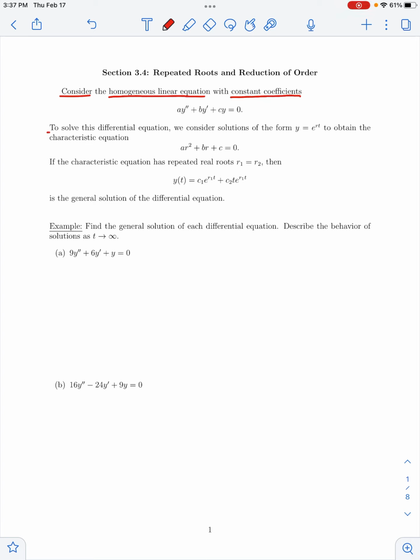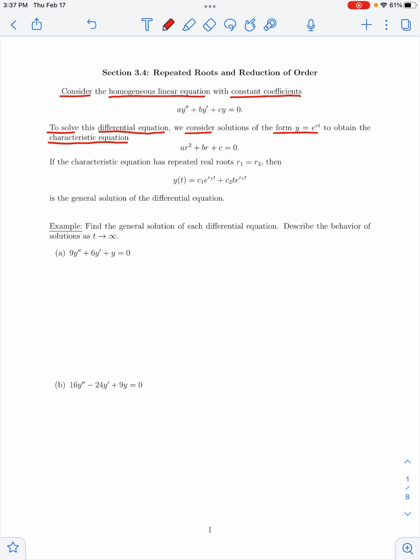And we've already seen that to solve this type of differential equation, we're going to consider solutions of the form y equals e to the rt power, where r has to satisfy the characteristic equation ar squared plus br plus c equals 0, which is this quadratic characteristic equation.